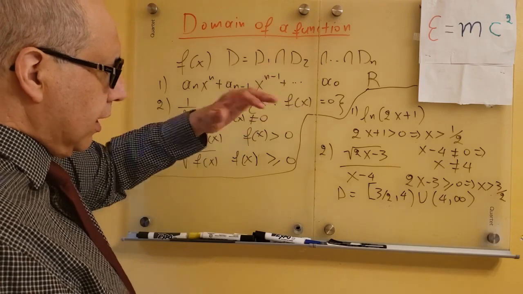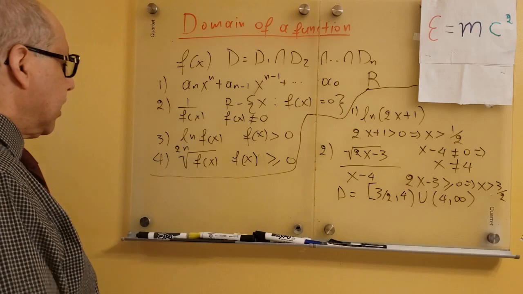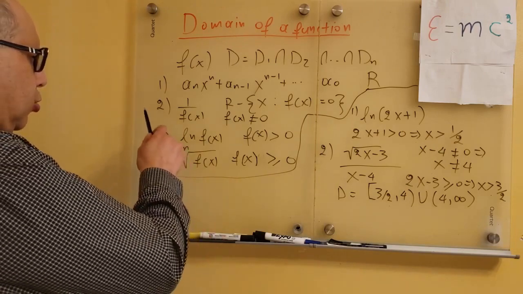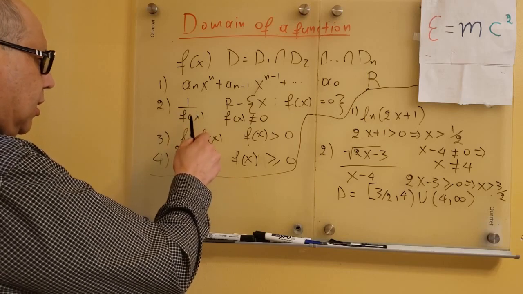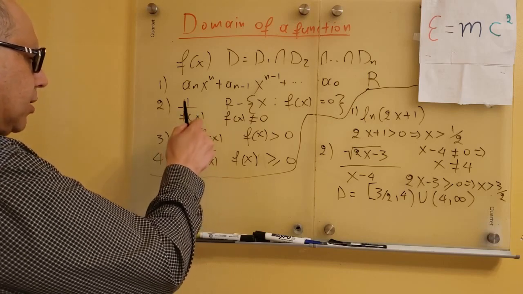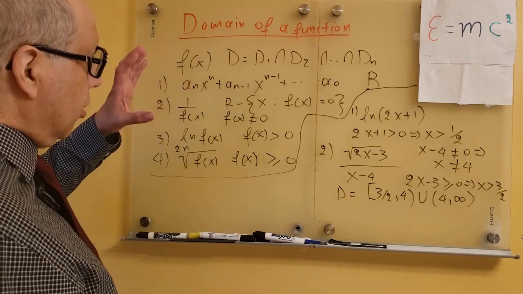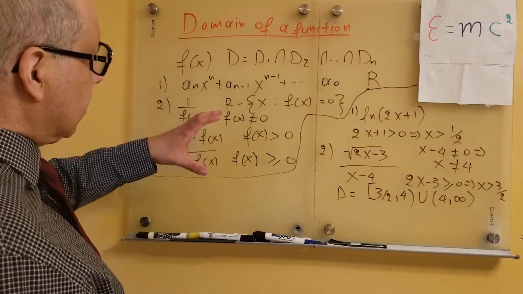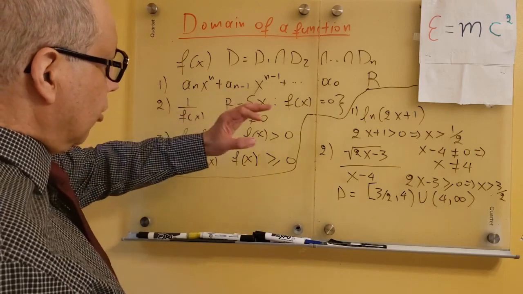The domain of this function is all real numbers. Second is the rational function, whatever function has f(x) in the denominator. The domain of this function is all real numbers except those that make the denominator 0.